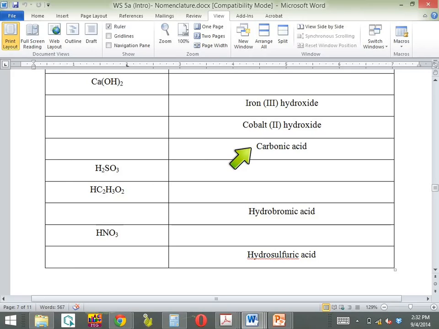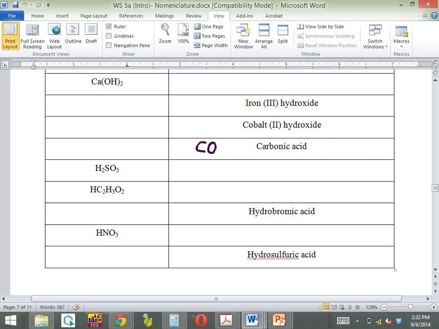So that was where we had the silly sentence, Rick ate him before he could bite us. So carbonic, it doesn't have hydro in the front. That tells us this is based on an oxyanion, CO something. We change ic to ate. This acid has carbonate ion in it.